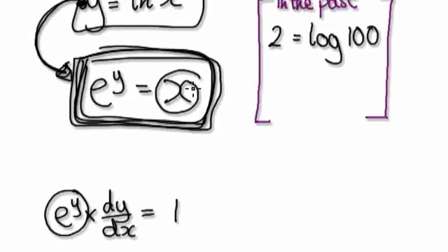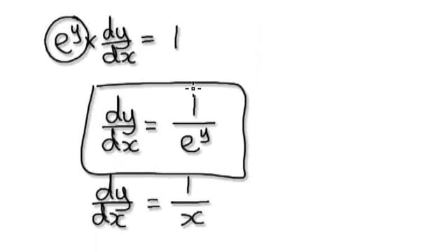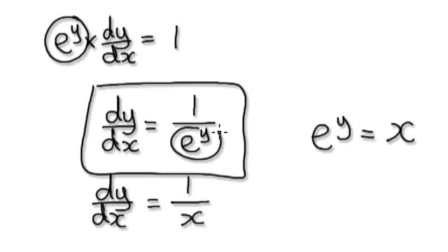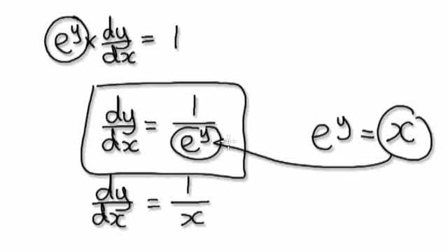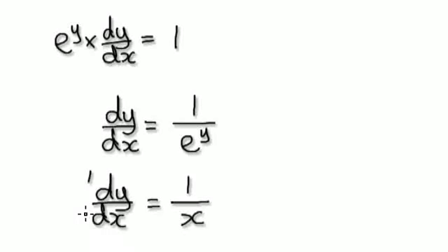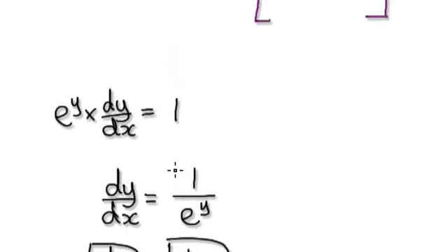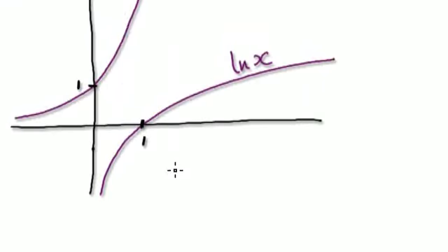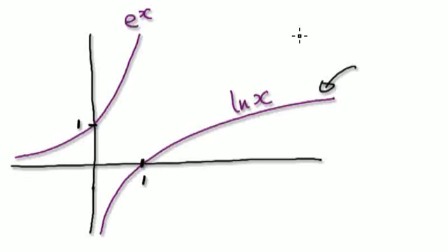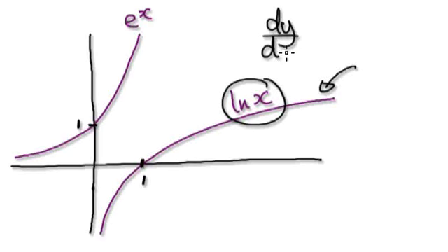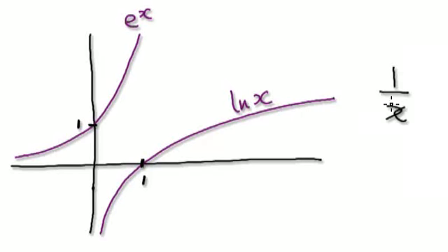So e to the power of y is x, and we can put x into here. So basically dy by dx equals 1 over x. Looking at this graph, when you differentiate it, dy by dx, the derivative of this, is 1 over x.